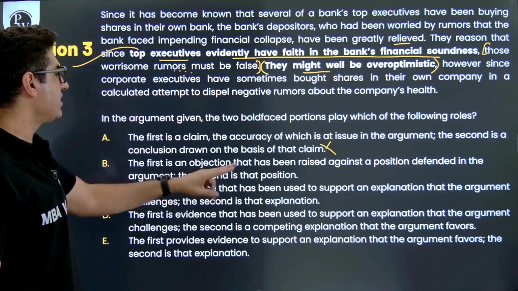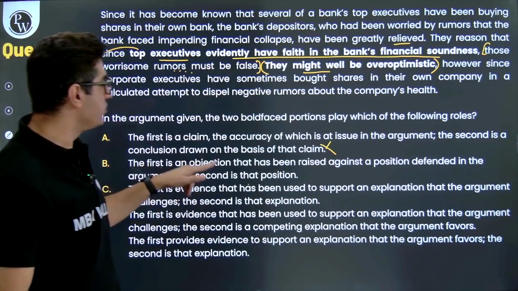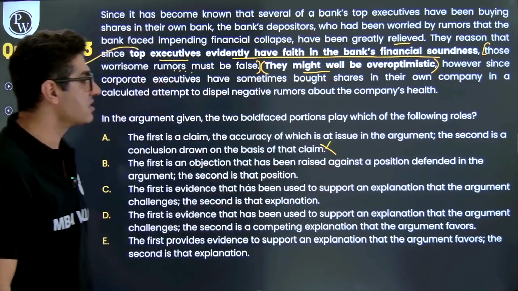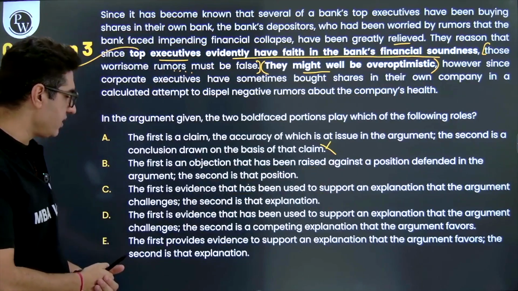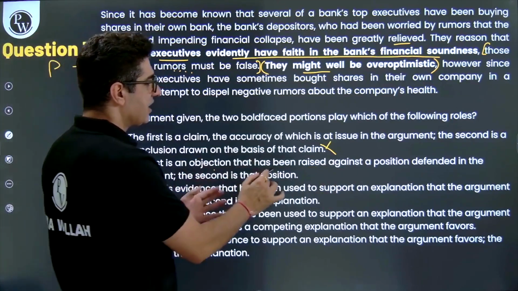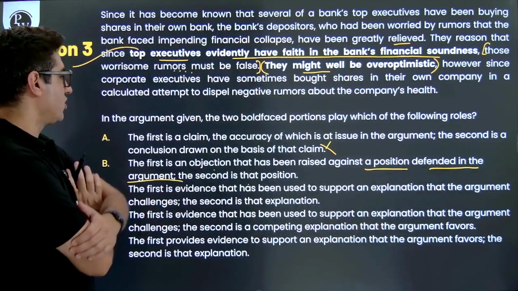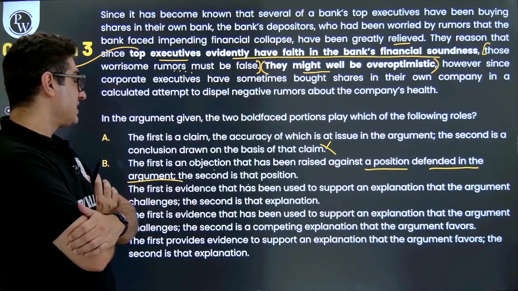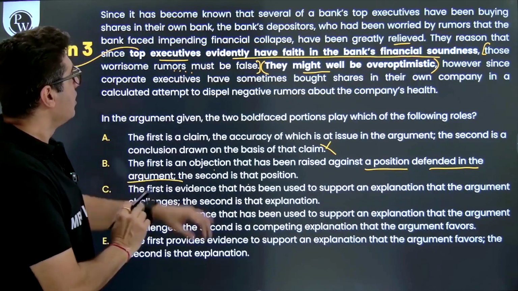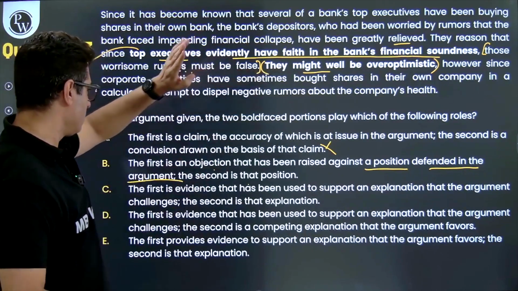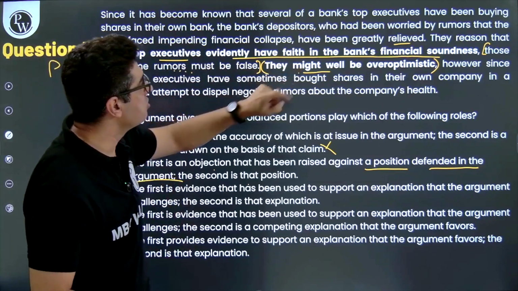B, the second is that, okay, now since we have these pronouns, let's just read it together. The first is an objection that has been raised against a position defended in the argument. The second is that position. Now, the second is the position that is defended, yes, but is the first an objection to this?